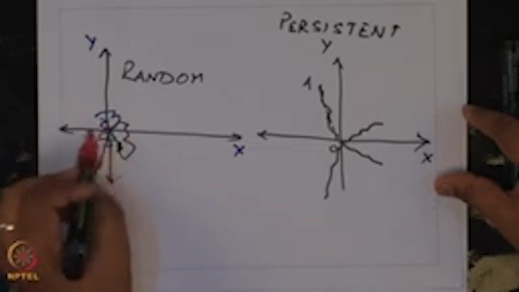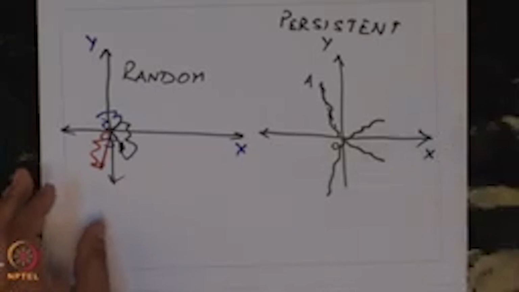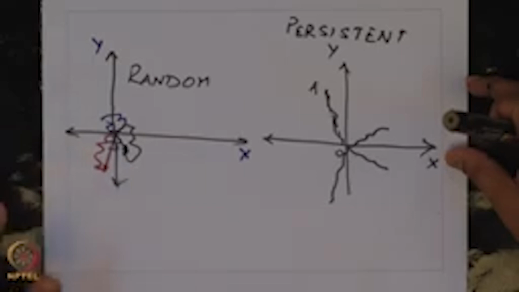So, there is a lot of heterogeneity in this. There has to be some formalism used to better quantify the type of persistent migration. So, I will stop here for today, and in the next class I will discuss how we can quantify persistent versus random migration. Thank you.